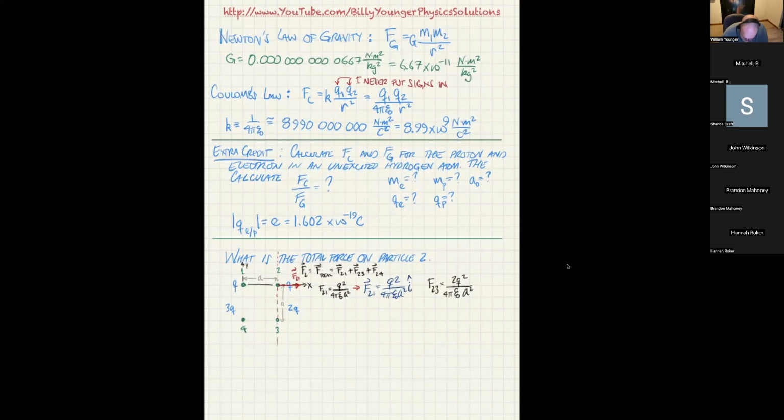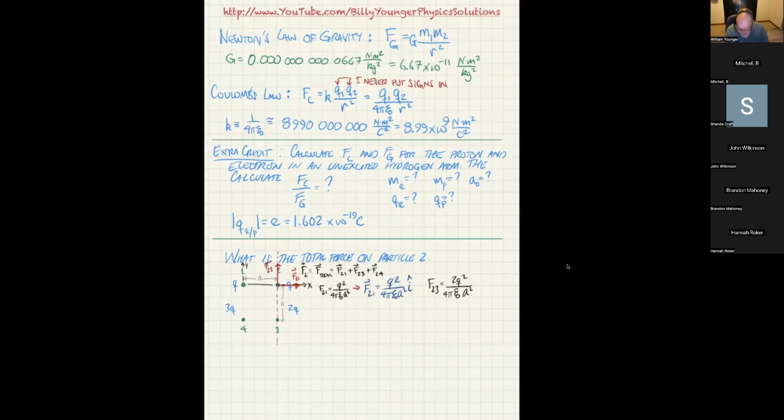So in this case, Q and 2Q again have the same sign. It appears they're both positive, therefore they're repulsive. Therefore, charge 3 is pushing up on charge 2. So I'm going to put this red vector right here, and I'm going to call that F23.